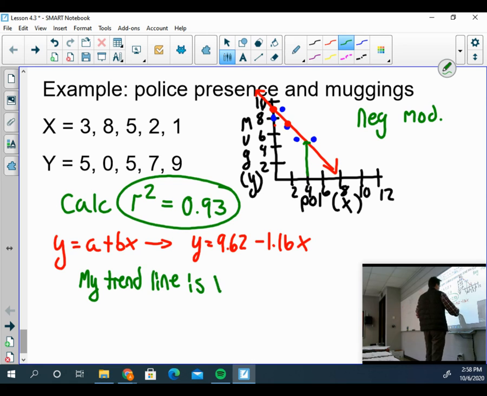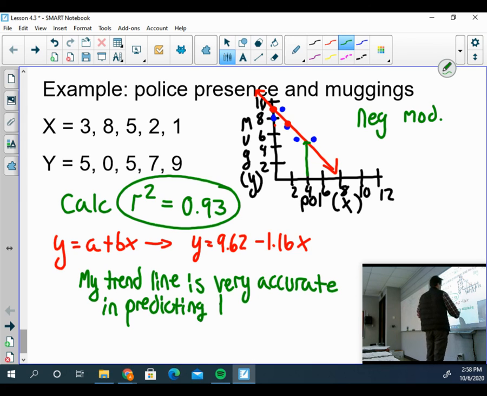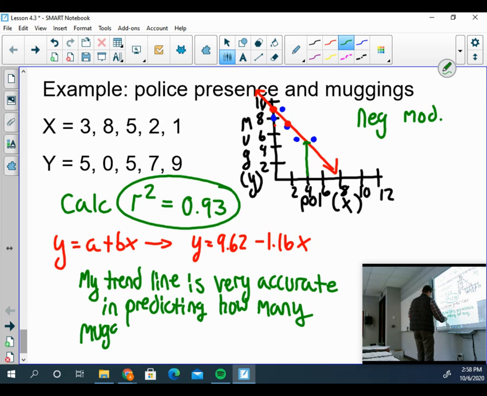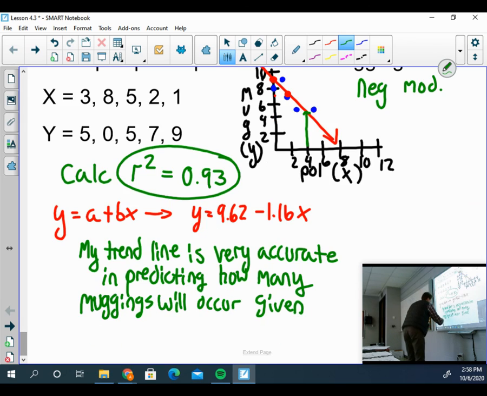Okay? R squared is high means, if I were to interpret that, that my trend line is very accurate in predicting how many muggings will occur given how many officers are present.